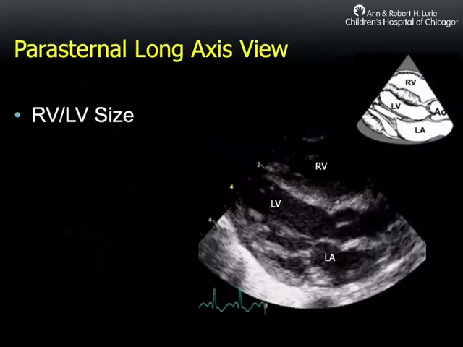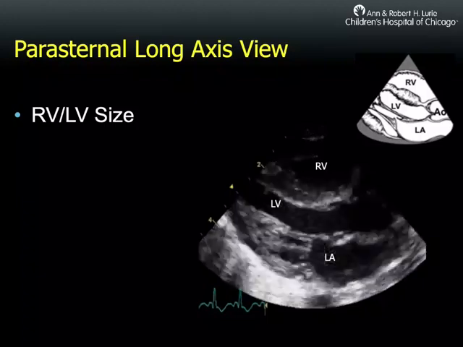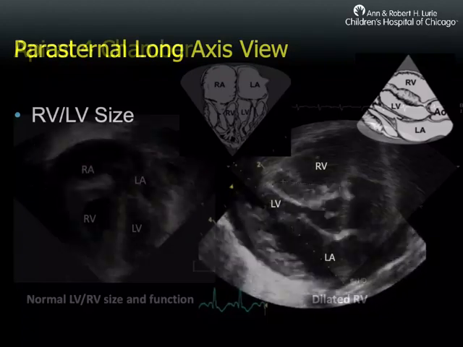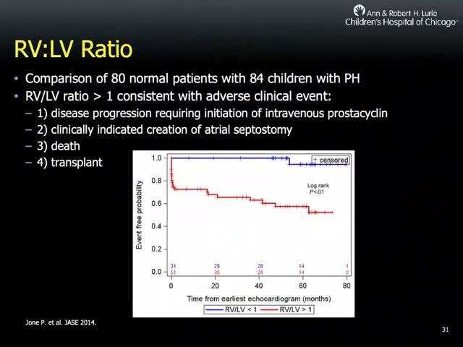Again, when we look at the parasternal long axis here, in terms of looking at the RV to LV ratio, one study compared 80 normal patients with 84 children with pulmonary hypertension, showing that an RV to LV ratio greater than 1 was consistent with adverse clinical events.